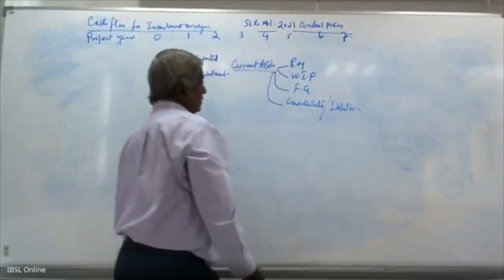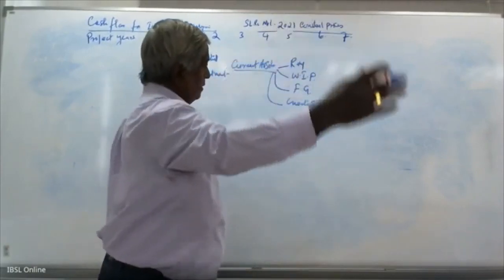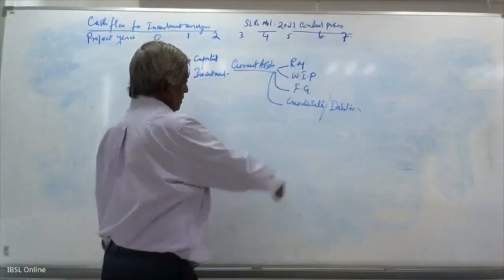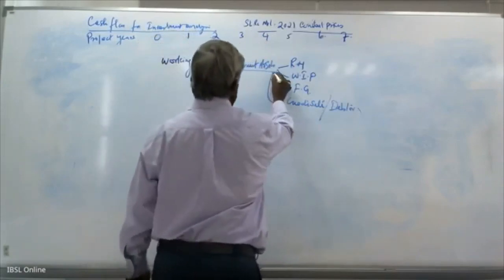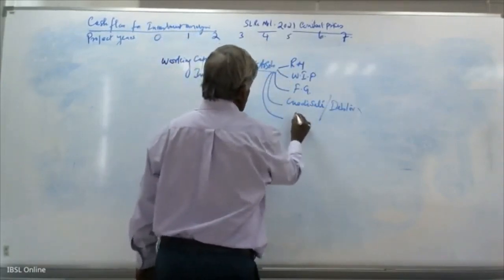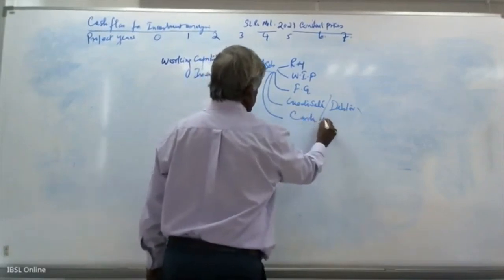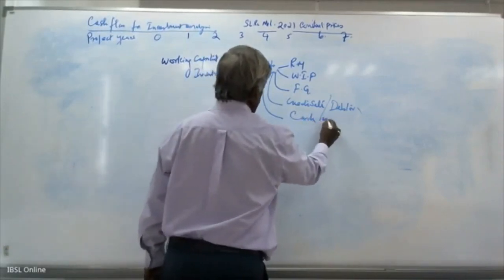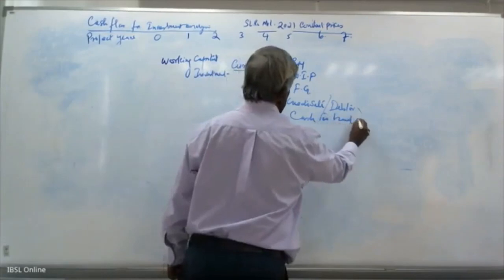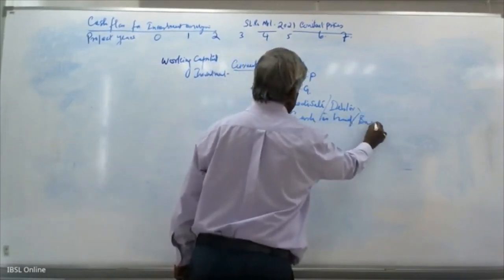You may sell the goods on credit to your customers. Debtors. And then cash in hand to operate, cash in hand and bank.